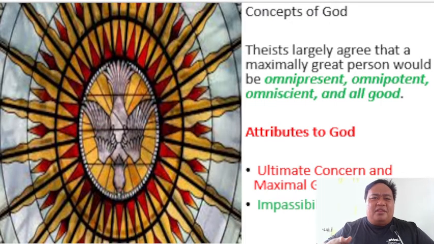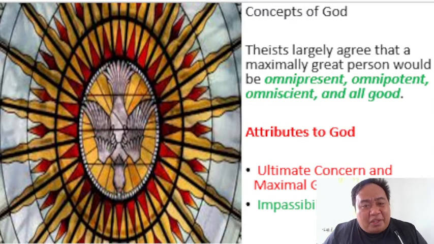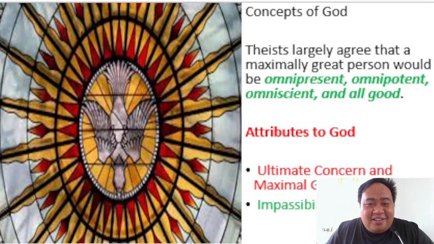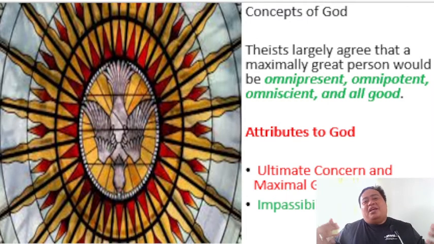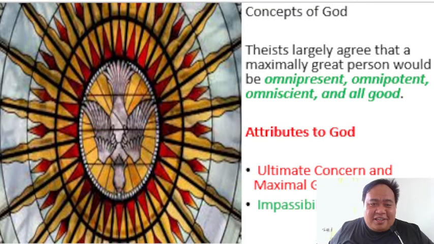Omnipotent is all-powerful. Pag sinabing omniscient, He is all-knowing. And not only that, meron pang isa, all good. So grabe, perfecto talaga ang Diyos. Yun yung concept ng God ng mga theists, yung mga lahat ng naniniwala sa Diyos.